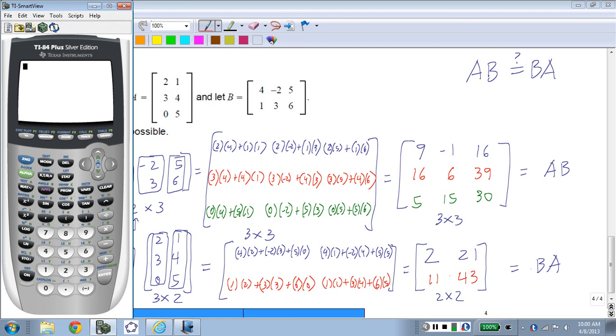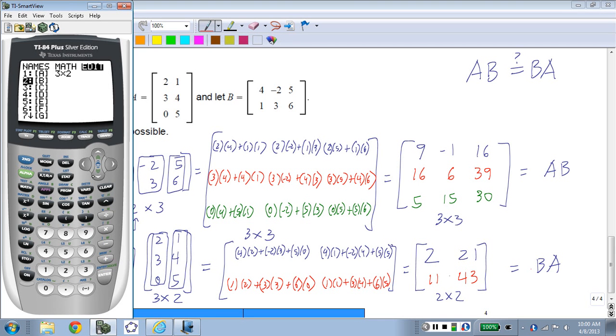The calculator will do this. If I go to second matrix and edit, matrix A is a 3 by 2, so make it a 3 by 2 and go with a 2 and a 1 and a 3 and a 4, 0 and 5. Second quit. Second matrix.